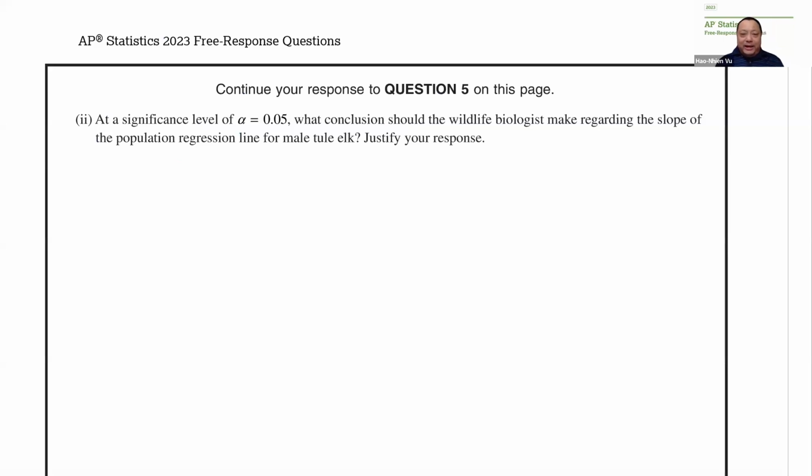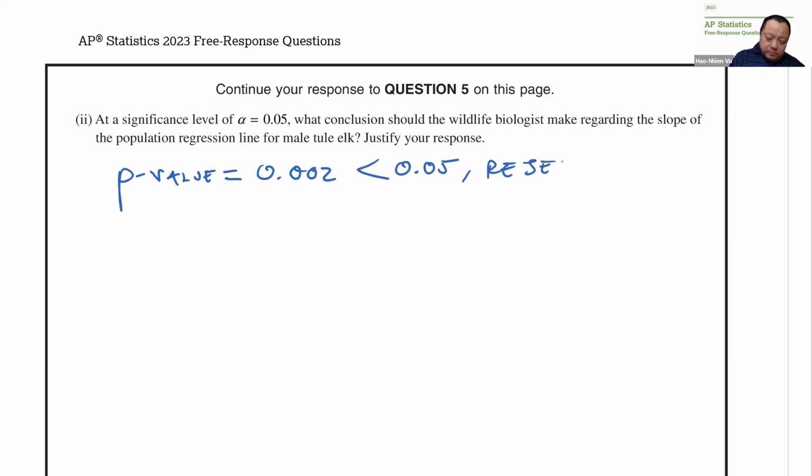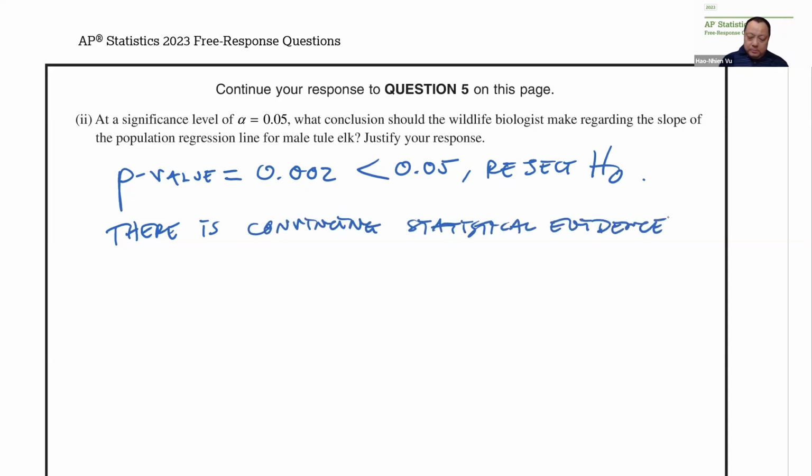Sure enough, part II asks for a conclusion. Reject H0. There is convincing statistical evidence. And then I write down all of that.